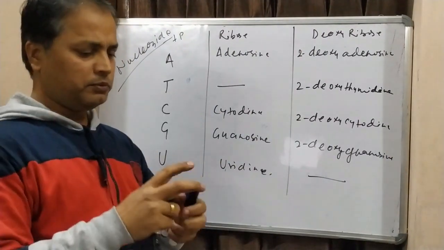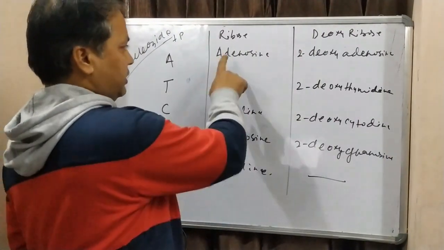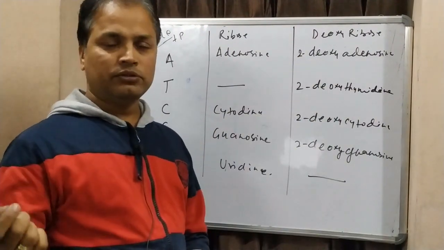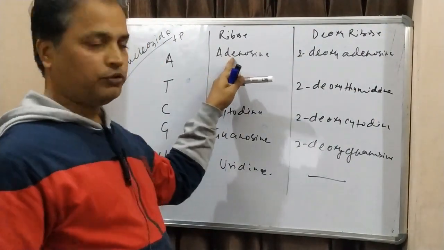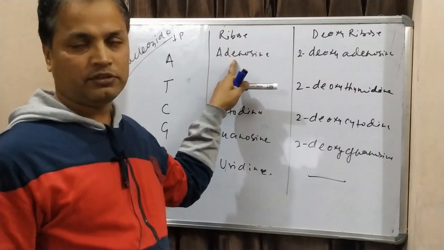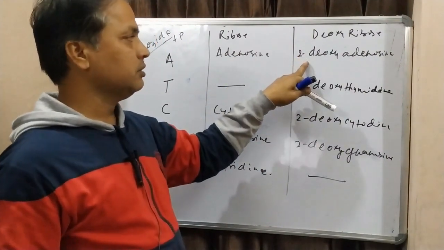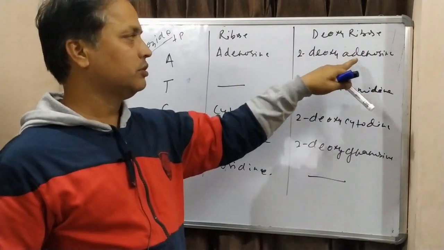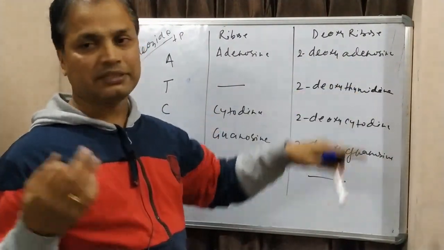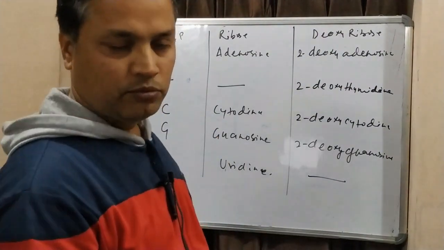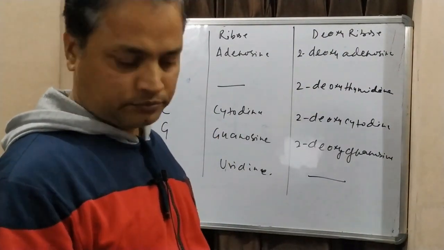If only 1 phosphate is there, it is called adenosine monophosphate; in case of 2-deoxy, 2-deoxyadenosine monophosphate. If 2 phosphates, adenosine diphosphate; 3 phosphates, adenosine triphosphate. Similarly 2-deoxyadenosine monophosphate, diphosphate, triphosphate. So similarly in all the cases we will have mono-, di- and triphosphates.